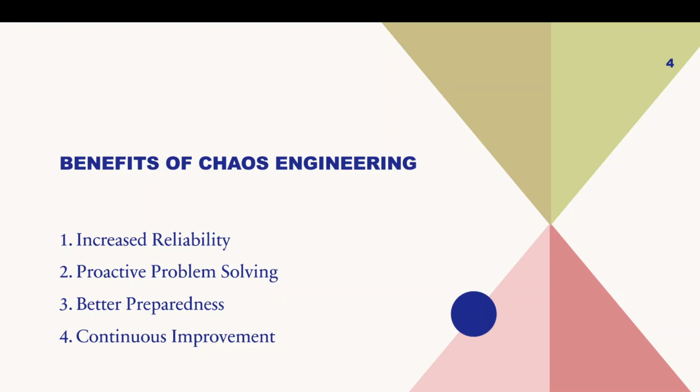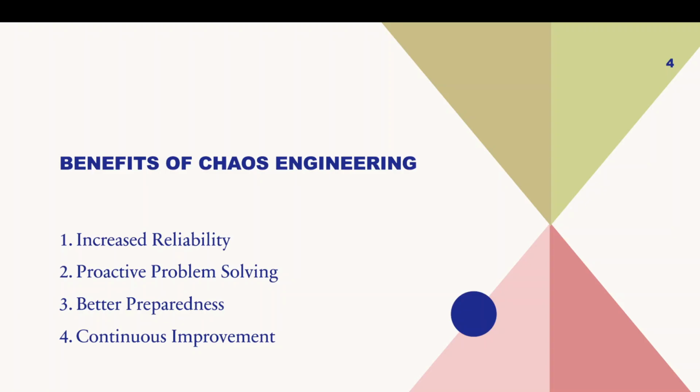By identifying and addressing any weaknesses in the system, chaos engineering helps us improve the overall reliability of the system. The second one is proactive problem solving. Engineers can proactively address potential issues before they become a real world outage. So engineers will proactively identify and solve them.